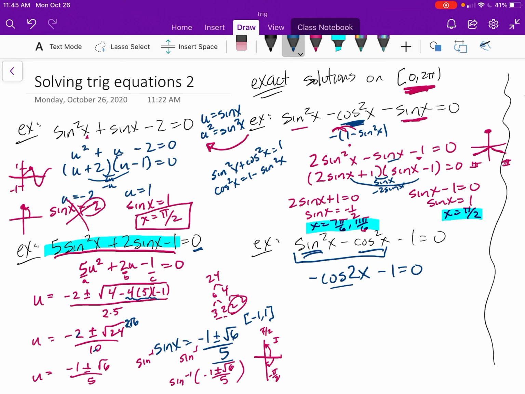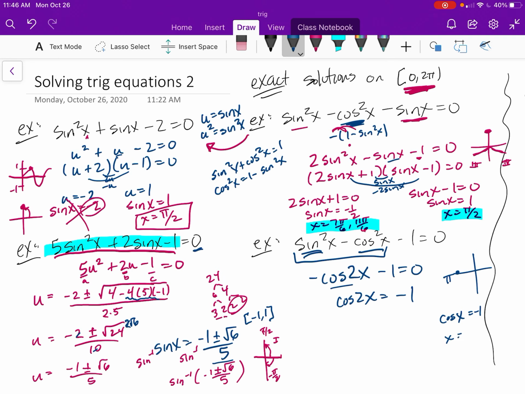Yeah, let's go ahead and solve it. So we could say cosine 2x equals negative 1, right? Add cosine 2x. Where's cosine negative 1? Cosine is x, so that's right here at pi. But remember, that is just cosine x equals negative 1, right?